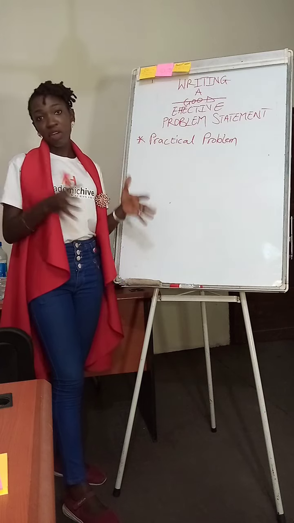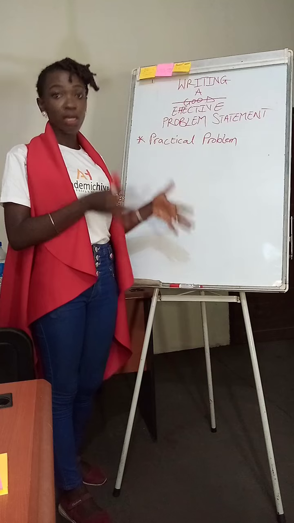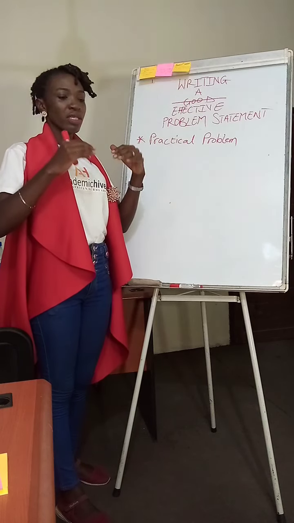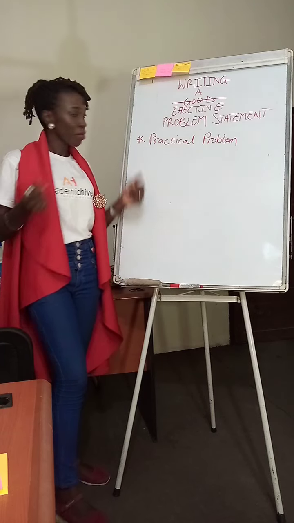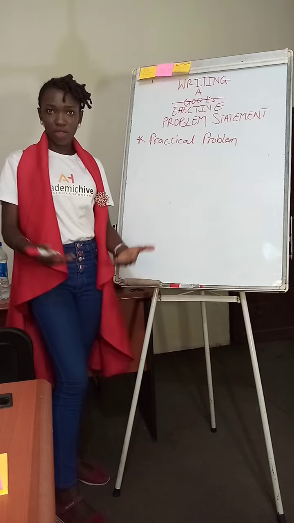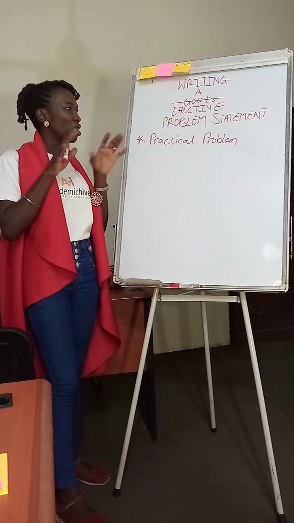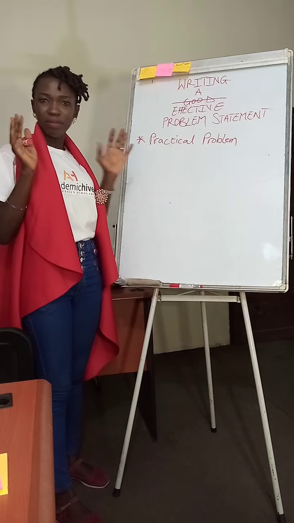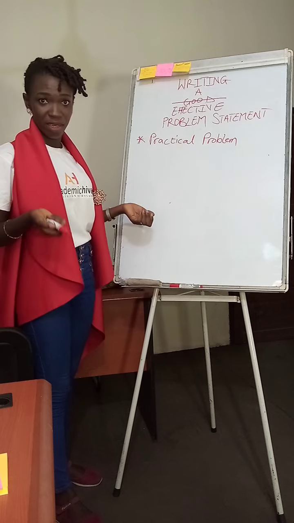Remember, research is either you're solving a problem or you want to contribute to an existing body of knowledge. The practical problem refers to that issue, that thing that makes you uncomfortable, that you would like to address, that you want to work on, you want to investigate. What's that social thing, what's that thing about the society that you don't like?